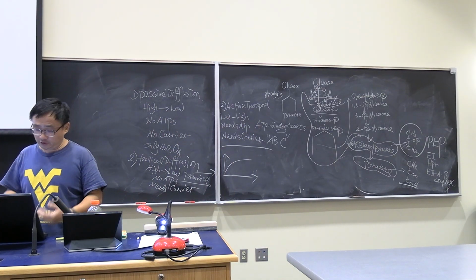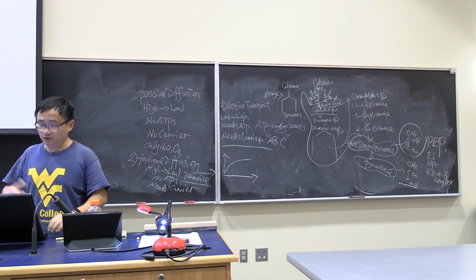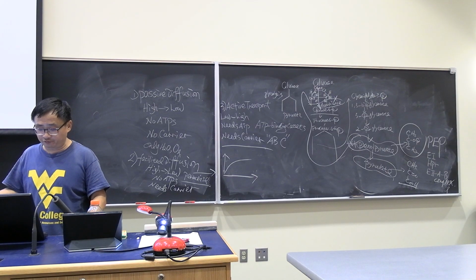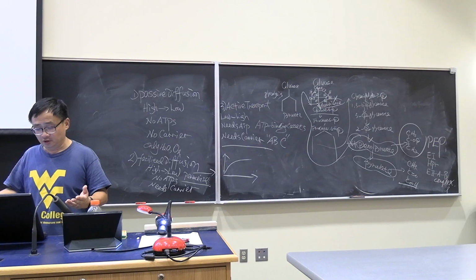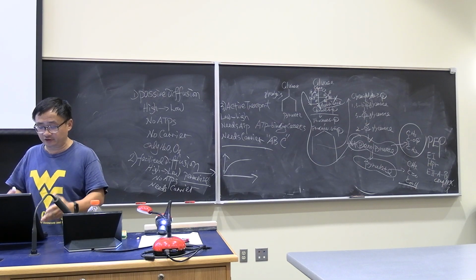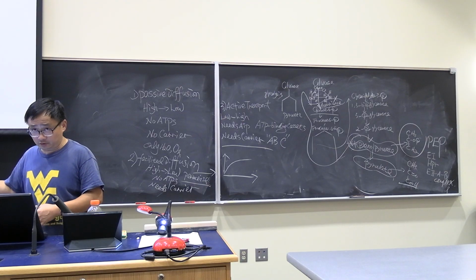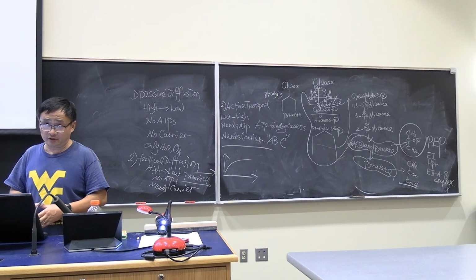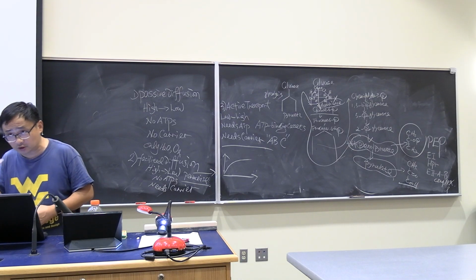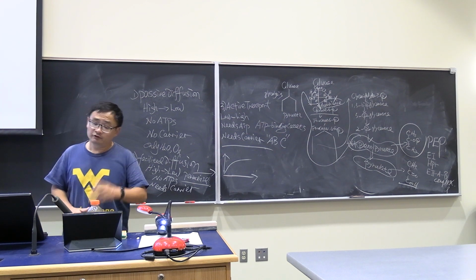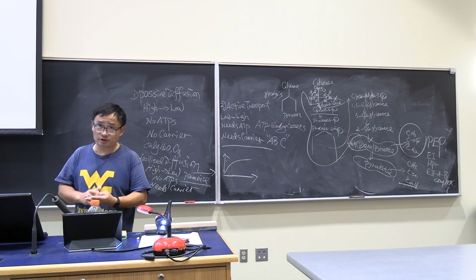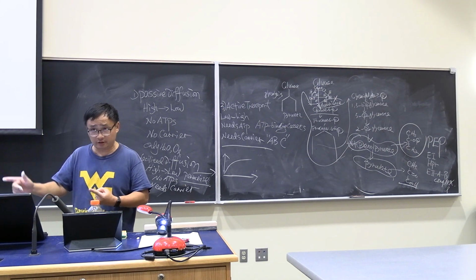So, people did a lot of research. They gave it a name, the sugar phosphotransferase system, which relies on phosphoenolpyruvate. Glucose, you will learn, is used a lot by bacteria. Mannitol is also used a lot by bacteria. For example, Staphylococcus aureus grows on a very special medium called mannitol salt agar.